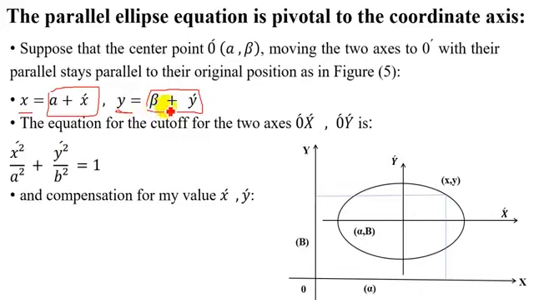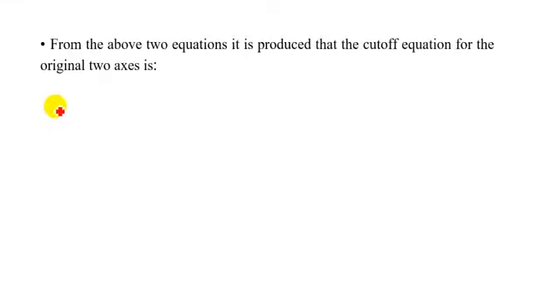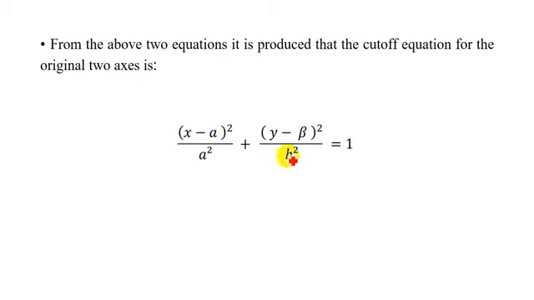So I can take that one out and bring this one to the other side. That means y dash equals y minus beta, and x dash will be x minus alpha, and it will be like that: (x minus alpha) squared, (y minus beta) squared over a squared and b squared.